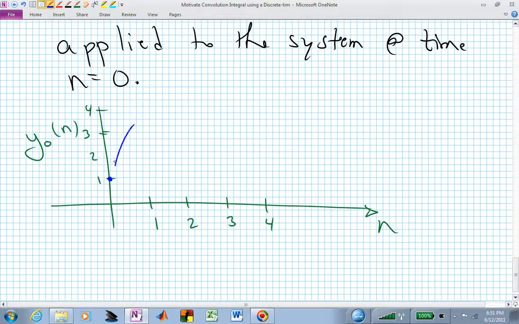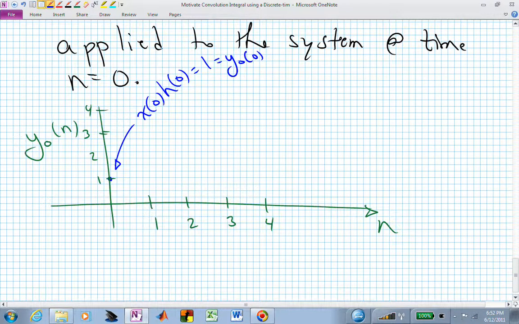That value is just found by taking the input at time 0, notation-wise x of 0, scaling the pulse response at time 0 by that input value, and that's now 2 times 1/2, or a value of 1, and that's this y sub 0 of 0 component of the 0th output at time n equals 0.